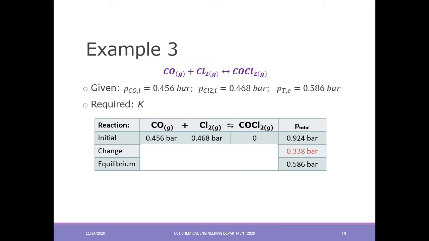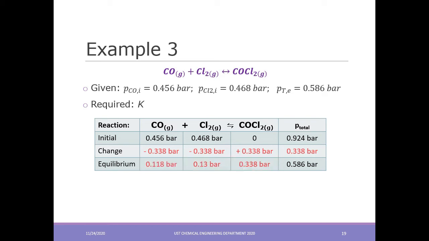Then, the change in total pressure can be obtained by subtracting 0.586 from 0.924 bar, which gives us 0.338 bar. This translates to the change in partial pressure of each substance in the reaction. Remember, for the reactants, the change is negative, while for products, the change is positive.